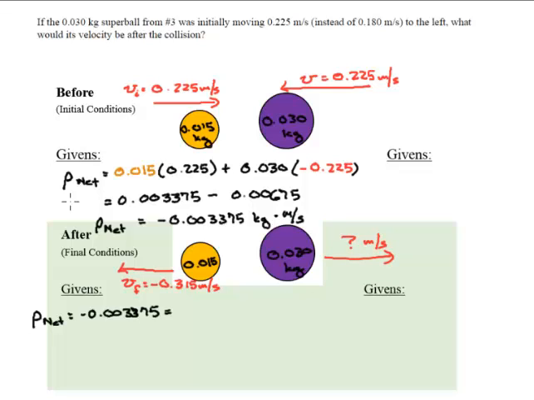So my mass remains 0.015, and my velocity is still negative 0.315, to which I'm going to add a new mass, which is the same mass, times a new velocity, which I don't know.